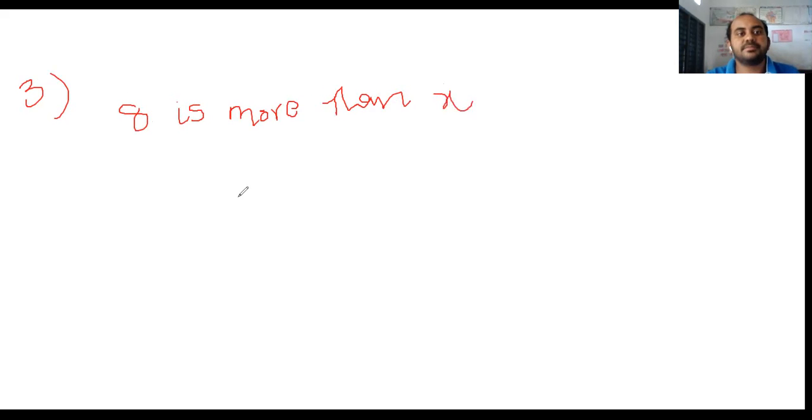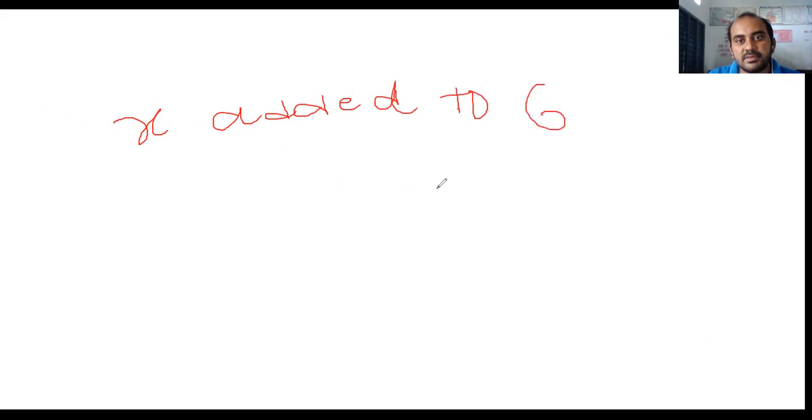Then how to write? You have to write 8 is more than x. X more than means plus. Okay. Similarly, see the next statement: x added to 6. X added to 6 is equal to x plus 6.